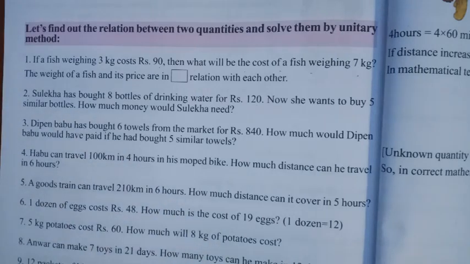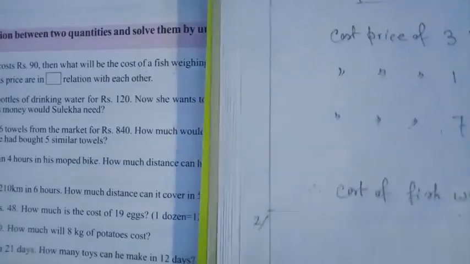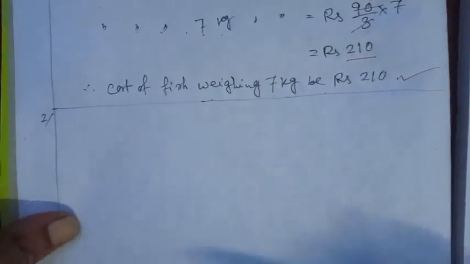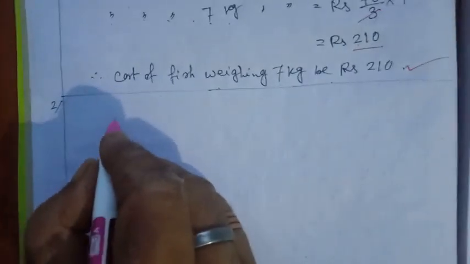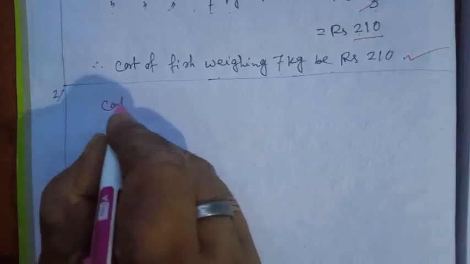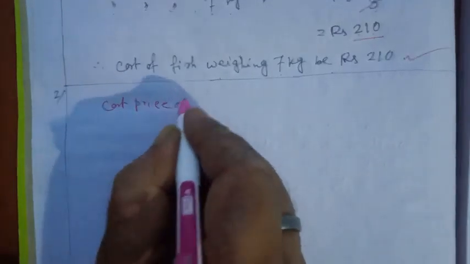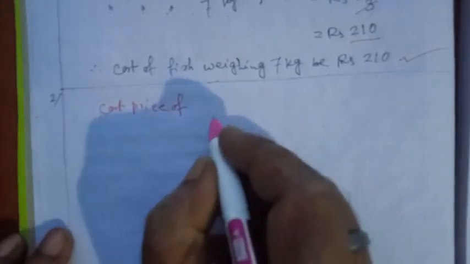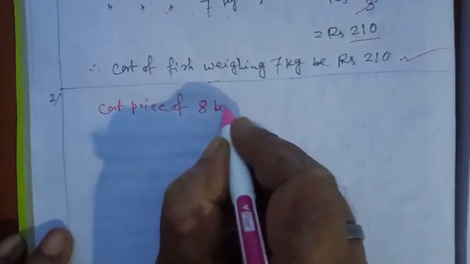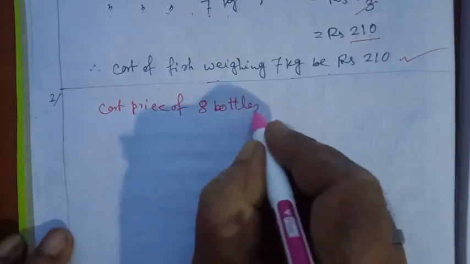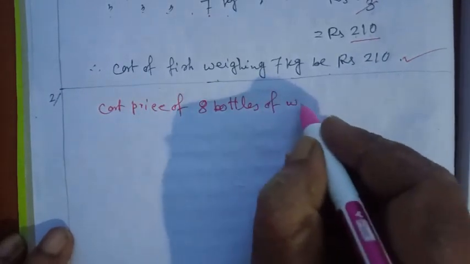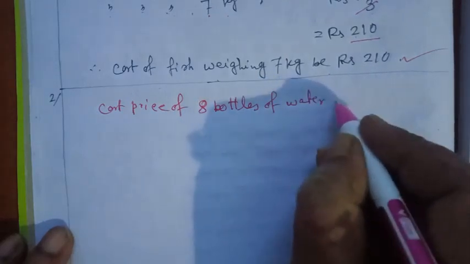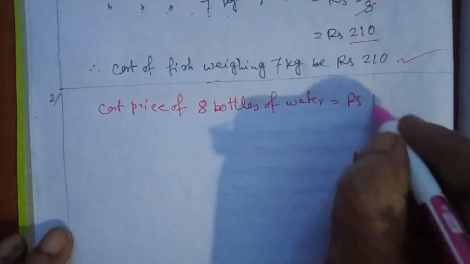Sulekha has bought 8 bottles of drinking water. So if we write this in unitary method, we have to find out the cost price. So write down, like previous one, cost price of 8 bottles of water, obviously drinking water, is equal to rupees 120.